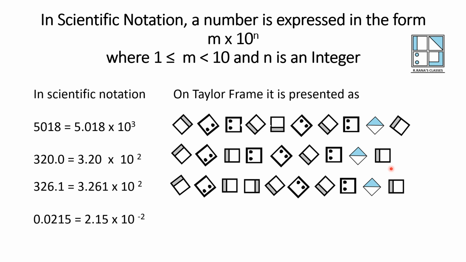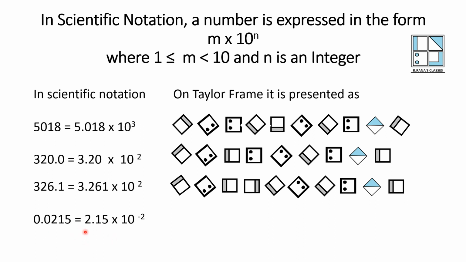Same way, this number begins with a decimal. It is 0.0215. So we have to shift the decimal such that m lies between 1 and 10, a single digit number.